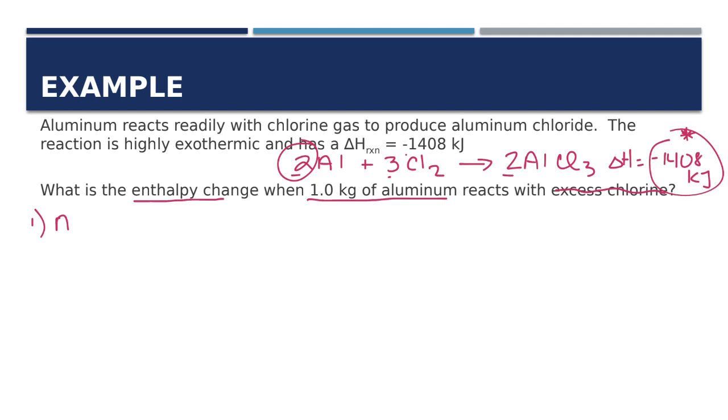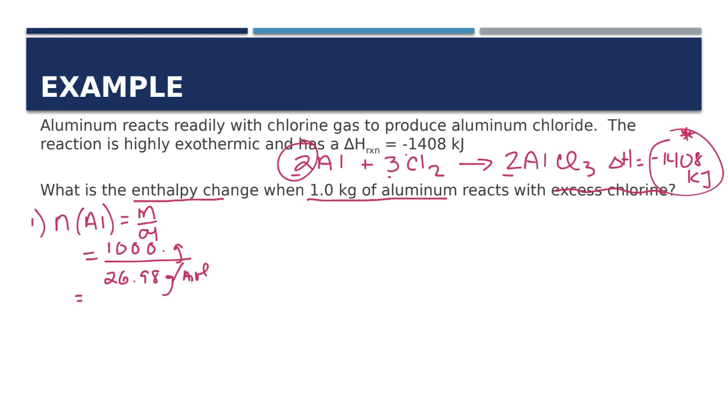So for our moles of aluminum, because we're dealing with masses, we're going to use our good old mass over molar mass formula. We don't want to use a kilo unit because aluminum's molar mass is in grams, so we're going to convert to grams. That's 1,000 grams. The molar mass of aluminum is 26.98 grams per mole.